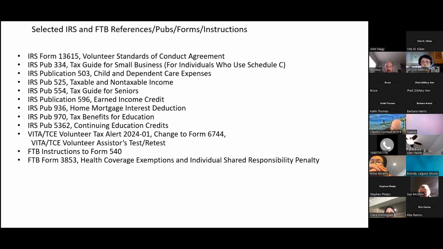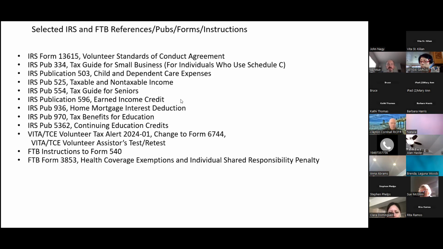Well, that's easy. Congress comes up with all sorts of provisions for Native Americans, for military personnel, for seniors, for disabled people. Those are, for lack of a better term, a special population. And so for seniors, the 554 will keep you straight when you're working with the taxpayer, if you need to jump into the 554.